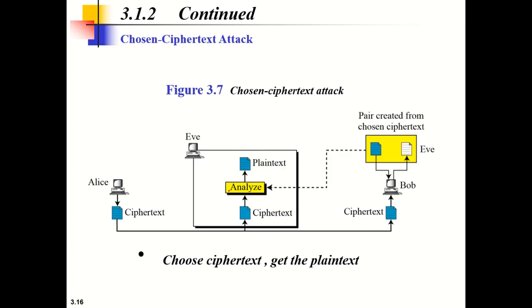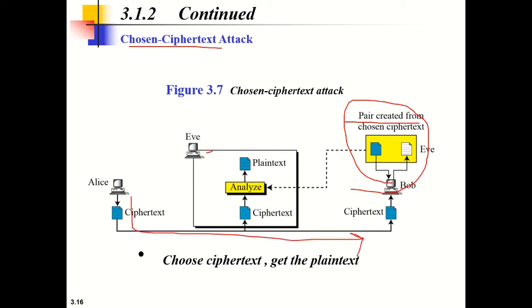Now the last kind of attack we have is chosen ciphertext attack. In this kind of attack, Eve will have access to the system of Bob. So from here it can find out this pair which was sent to Bob from Alice, but here our focus is on ciphertext because we are changing the ciphertext to plain text.